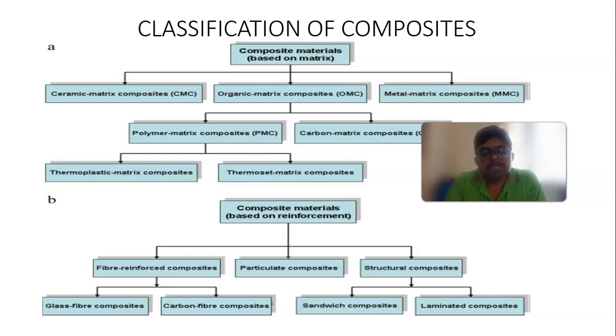Okay, so these composite materials can again be classified based on their reinforcement into fiber reinforced, particulate composites, and structural composites. Fiber reinforced composite means it may be either a natural fiber or a man-made fiber; we are just using the fiber as a reinforcement.